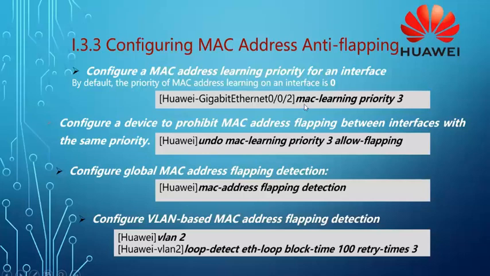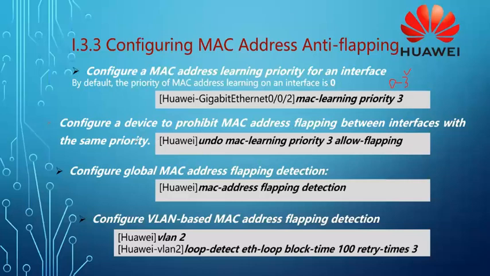We can change this priority value from 0 to 3 as possible values, and 3 has more priority than 0, so bigger is better.